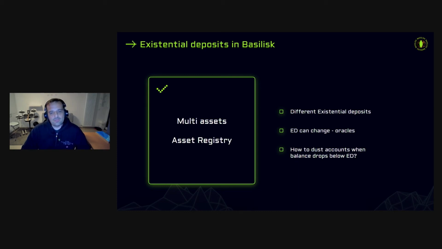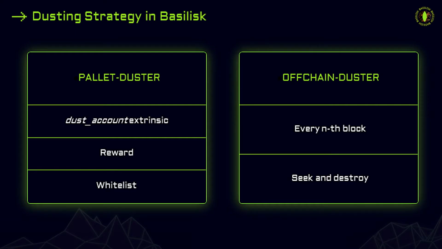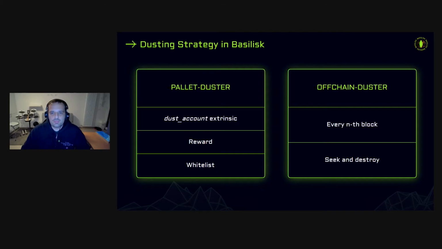So now the question is, how can we dust accounts whose balances were okay, still above the existential deposit at the last balance change, but now, after the deposit has changed, are below that value? In Basilisk, we implemented a very simple pallet, which we call Duster.